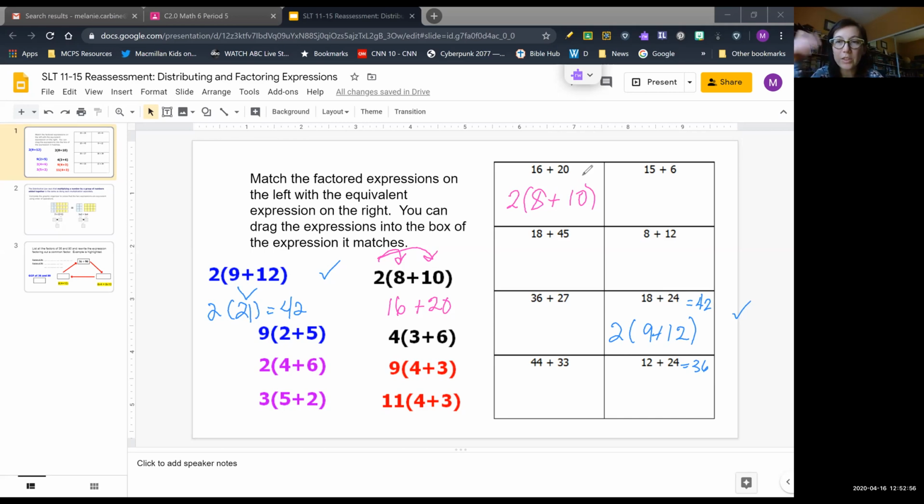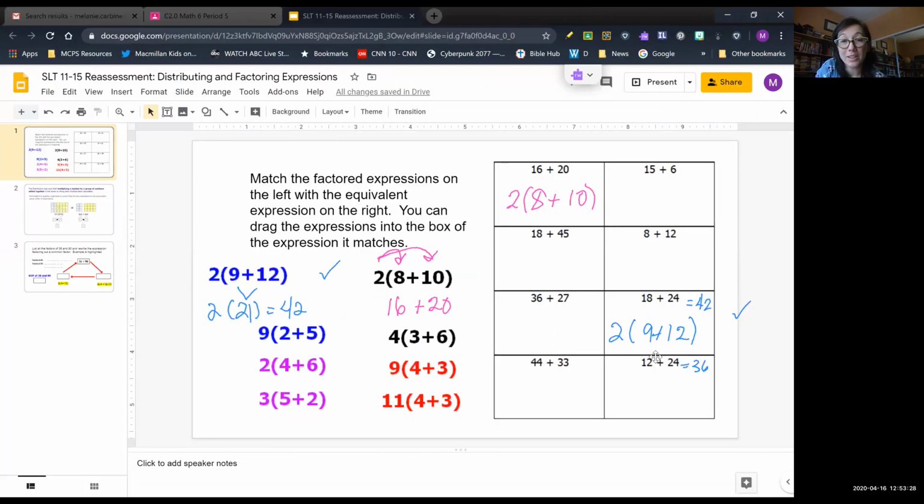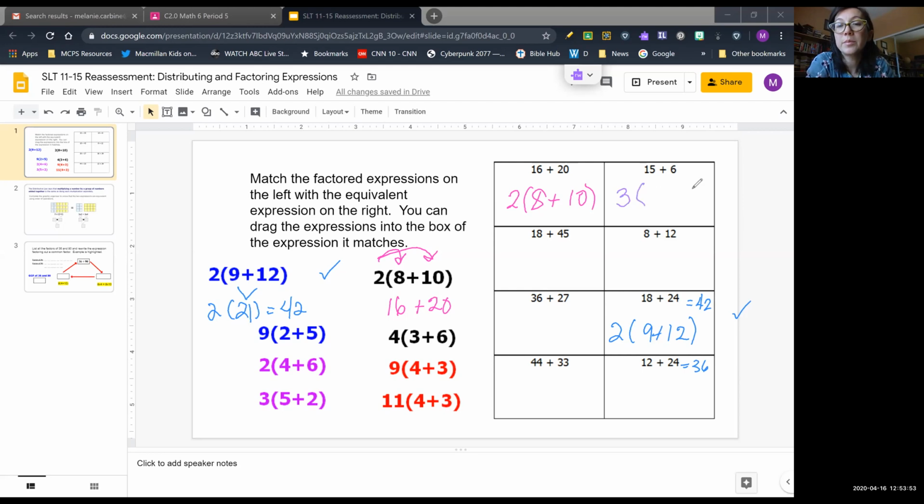The 3rd strategy is to factor. The last strategy would be to take one of these and factor. So I could look at 15 and 6. 15 is not divisible by 2, but 6 is also divisible by 3. Yeah, okay, 15 is divisible by 3. So I could take the 3 and factor it out front.